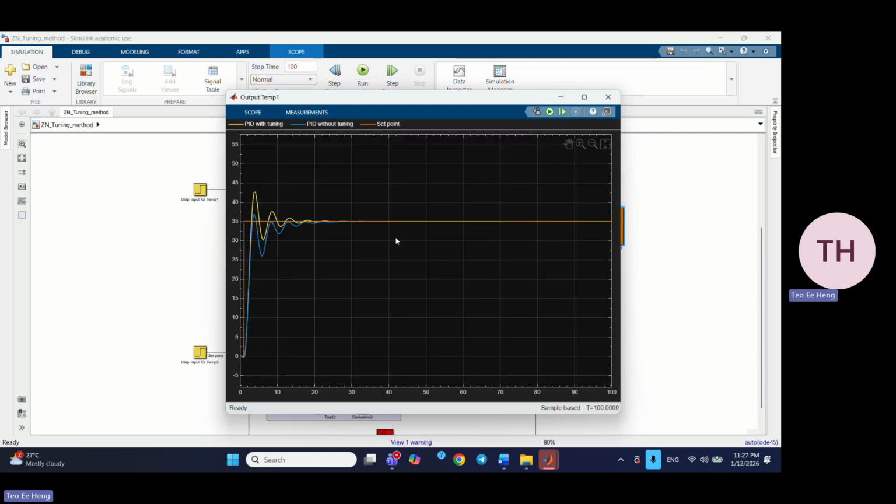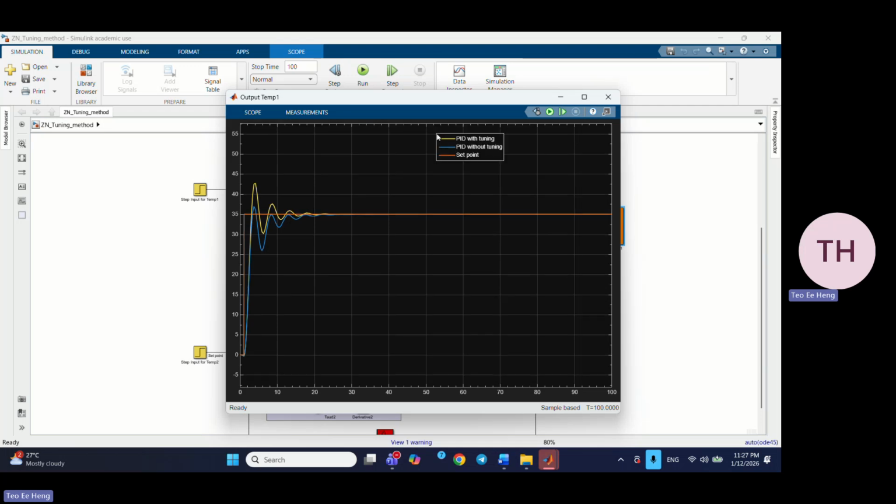So then we can get the response curve. Then we can compare the response curve with the tuning and without the tuning for the PID controller.